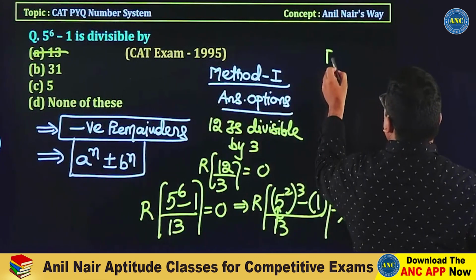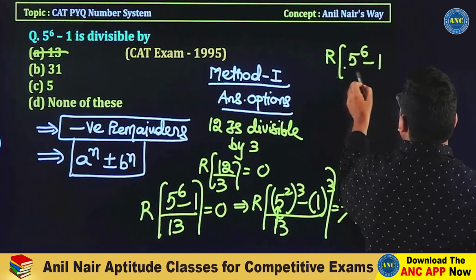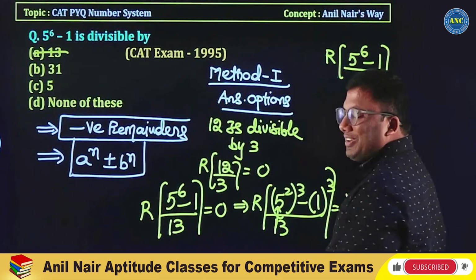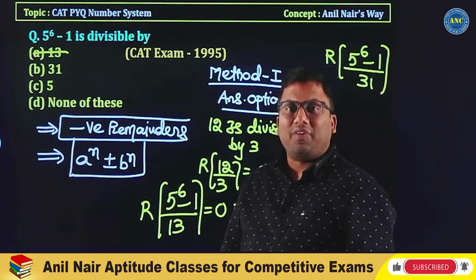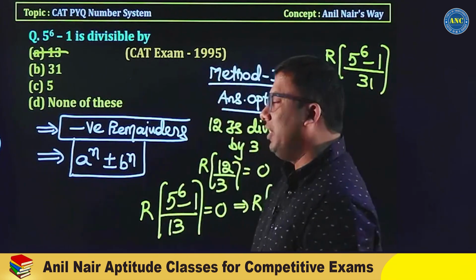Second one, 5 power 6 minus 1 divided by 31. Which power of 5 is closer to 31? 5 square is 25, 5 cube is 125.